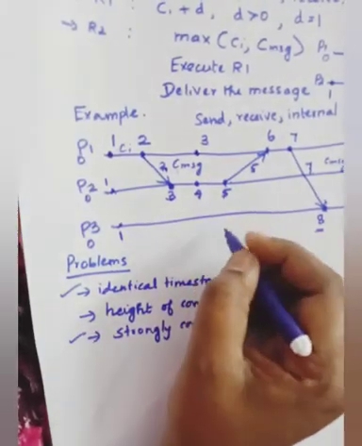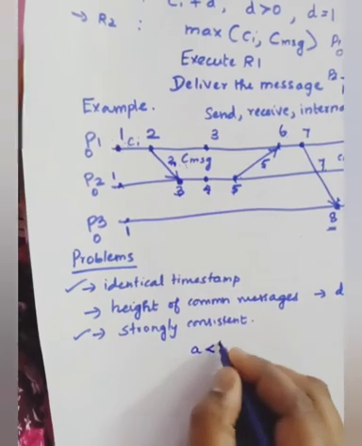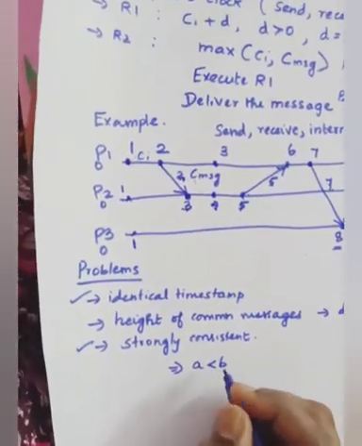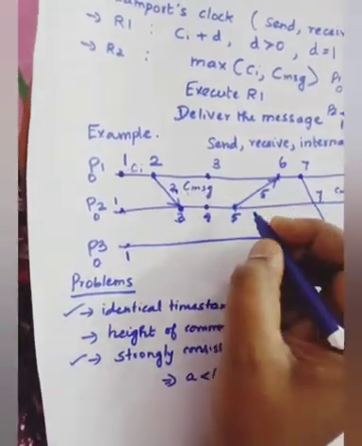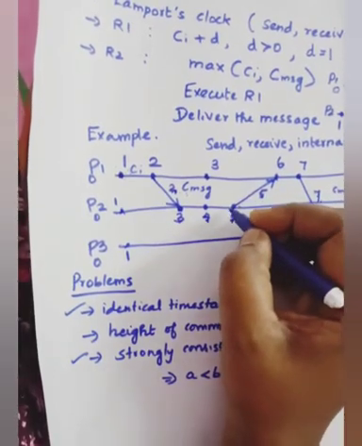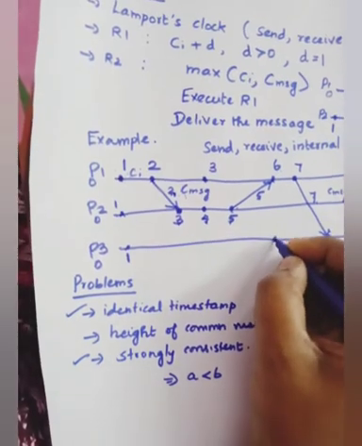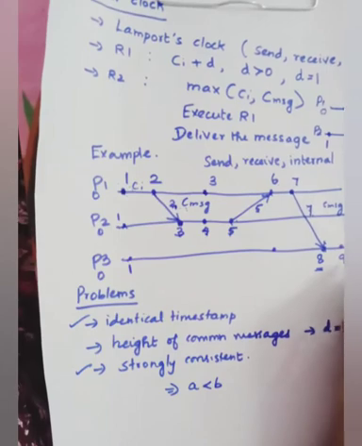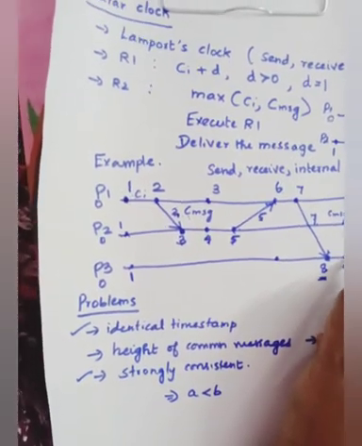It is not strongly consistent because it should be a happen before relation. I told you, in a logical clock there should be a happen before relation. But here you can see that sometimes, for example, assume we are initiating a message from process P2 at timestamp 9.